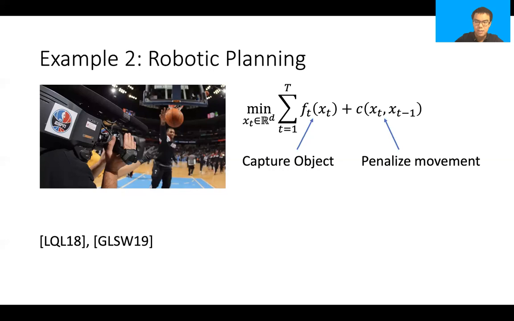In order to do this, instead of using the distance between xt and xt minus 1 as the movement cost, we instead use the square of the distance. This problem setting has been studied in many previous works. And in this example, we may have a non-convex hidden cost function if there are multiple objects of interest.